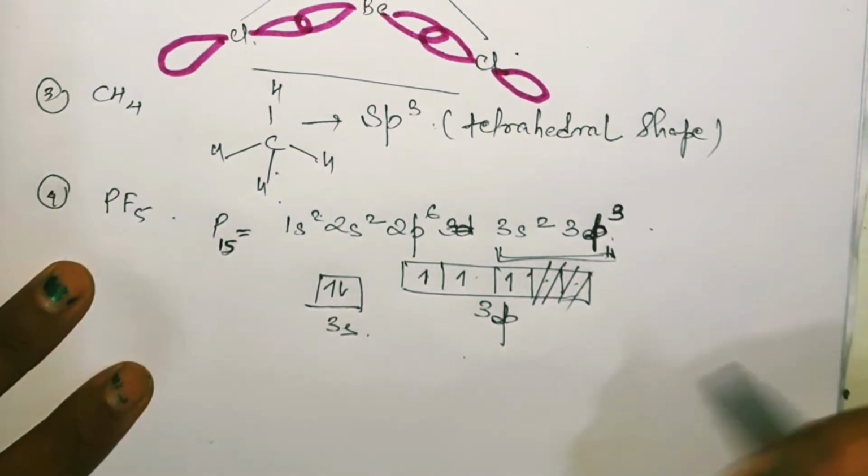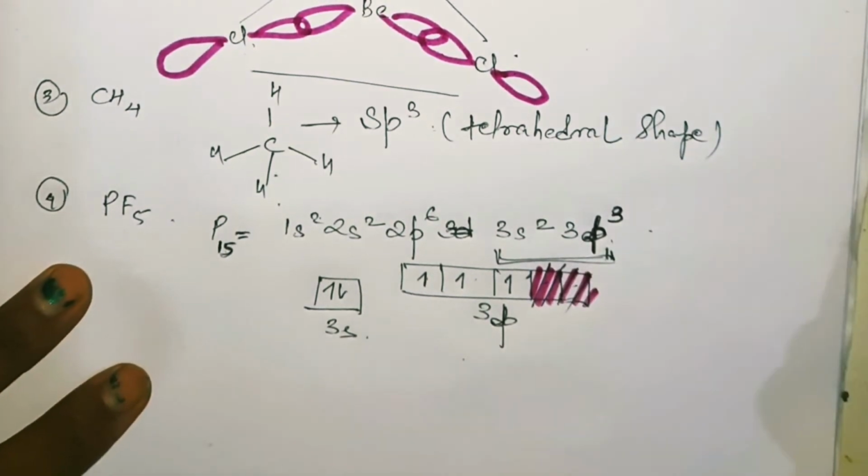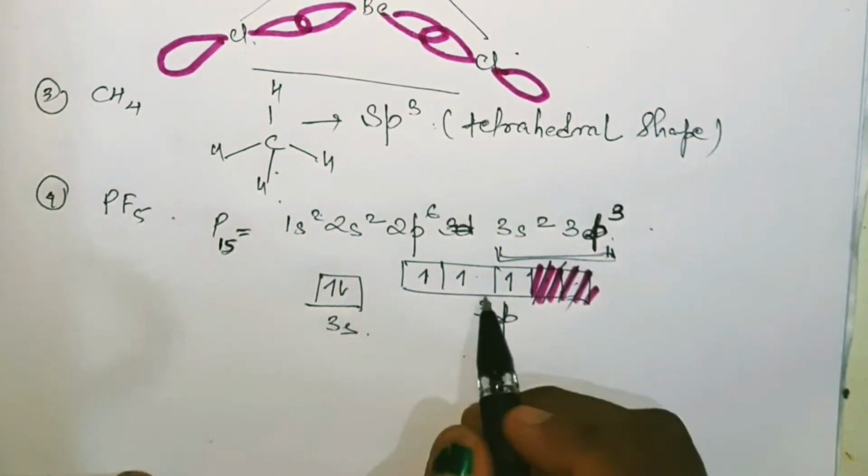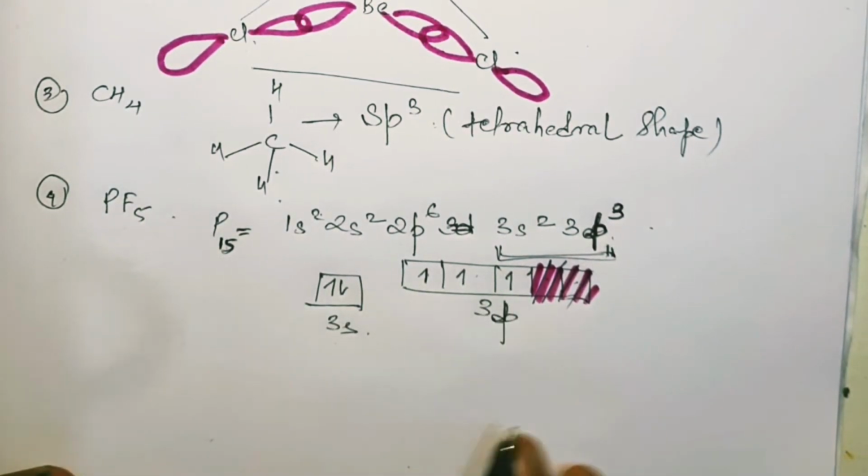So basically there are 3 electrons in the 3p.